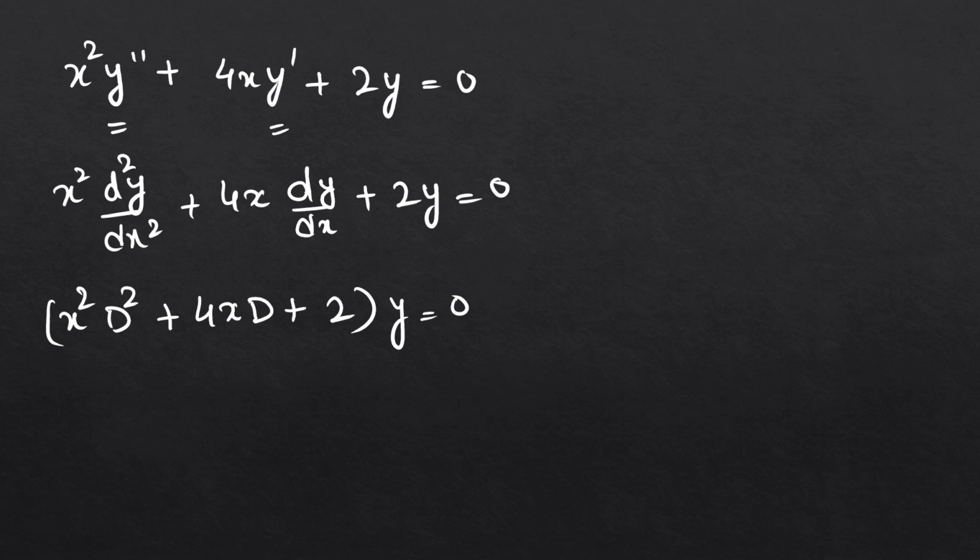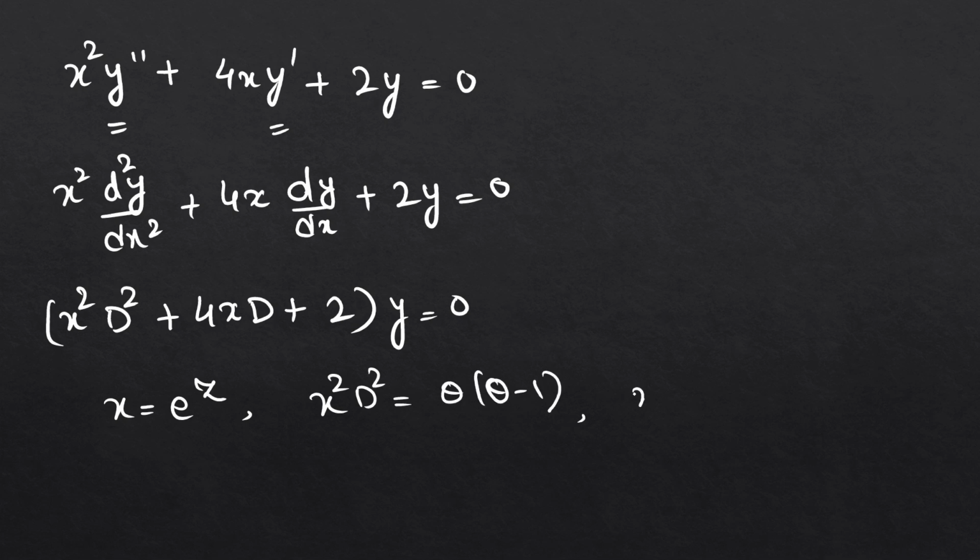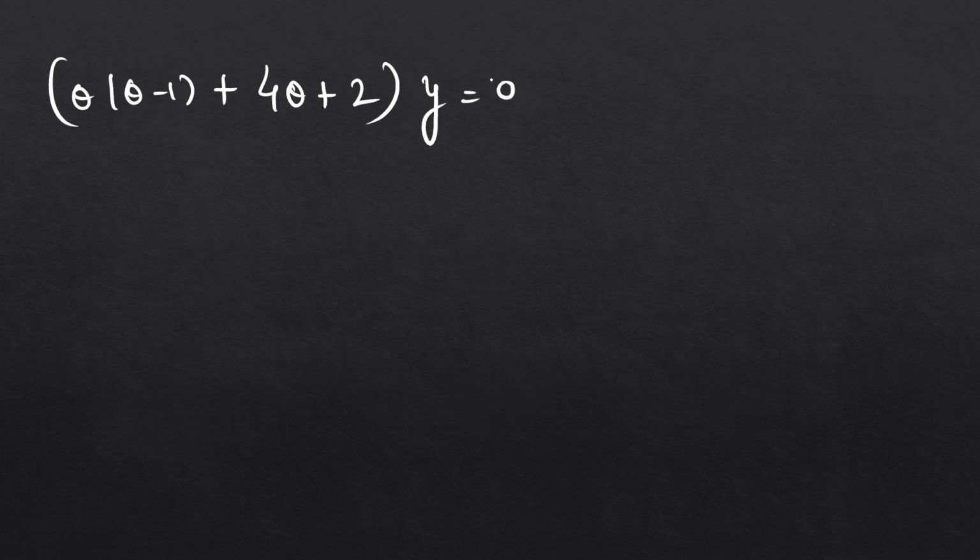After that, what is the method? We will put x equal to e raised to power z, and we will put x square D square equal to theta into theta minus 1. Then we will substitute x D equal to theta, and substitute these values here. So firstly there is x square D square, so theta, theta minus 1, plus 4 times theta, plus 2, again it is y, equal to 0.